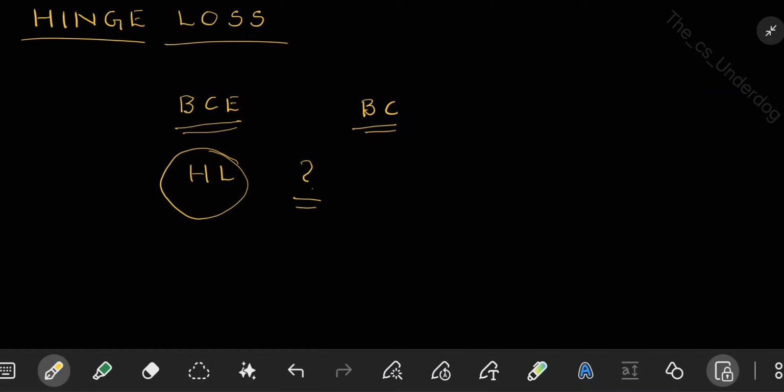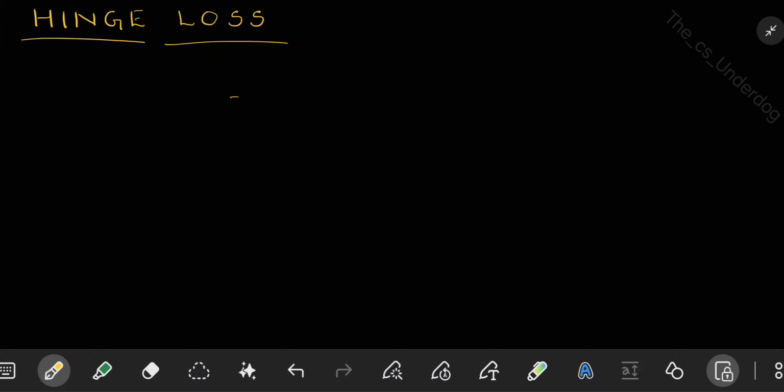First of all, I'll make you familiar with the terminology that we are going to use in this lecture, and then we'll see how exactly hinge loss is working. First thing is X. X, as you all know, is the input. In the last lecture also we used X. Next thing is Y. Y is an element of {-1, 1}.